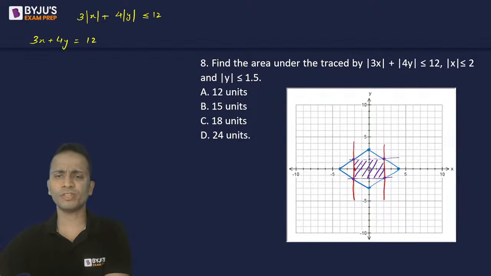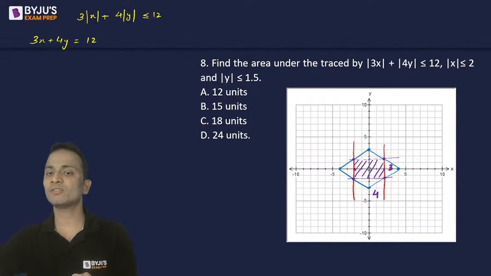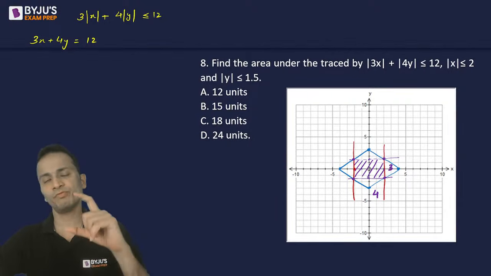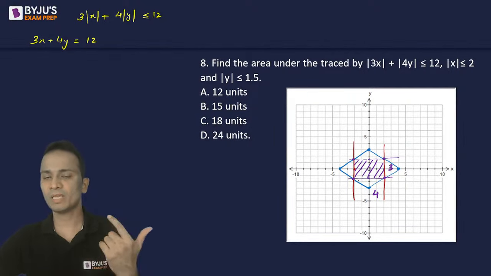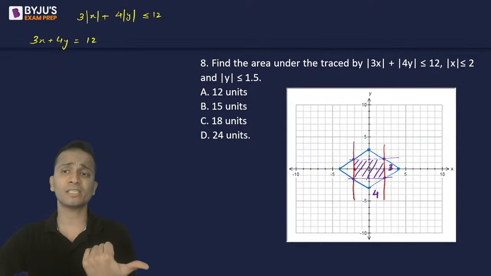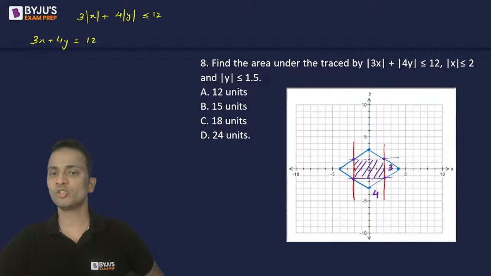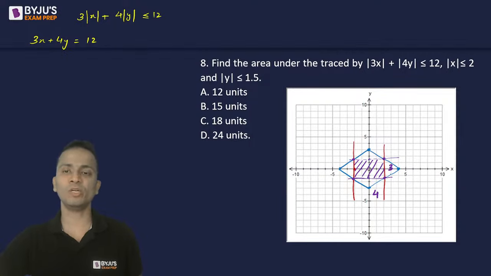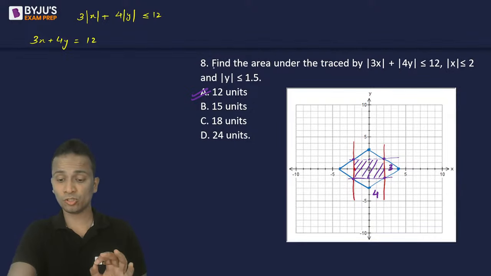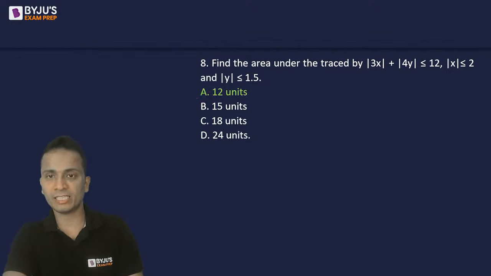Now, the length of this rectangle is 4 and the width is 3 because y as 1.5 and minus 1.5, the distance between them will be 3, and in the length x starting from minus 2 to plus 2 will give you 4. So area of this rectangle will be equal to 3 multiplied by 4, that is equal to 12. So 12 will be the correct answer.